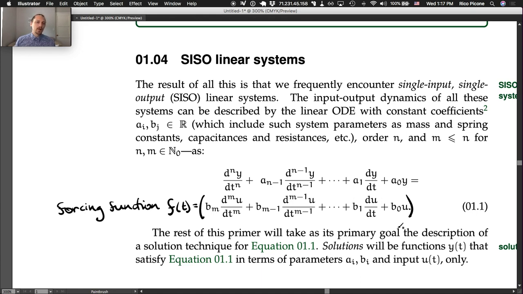Suffice it to say, though, that if you find the solution with f of t being equal to something that is an input to your system, there are two really key rules. One's called the principle of superposition, which is really key, and we're going to mention it in passing in this primer, but we'll use it more later. And then the other is the differentiation rule.